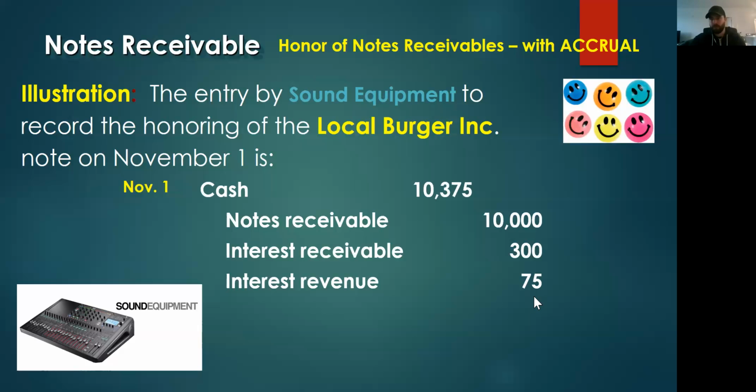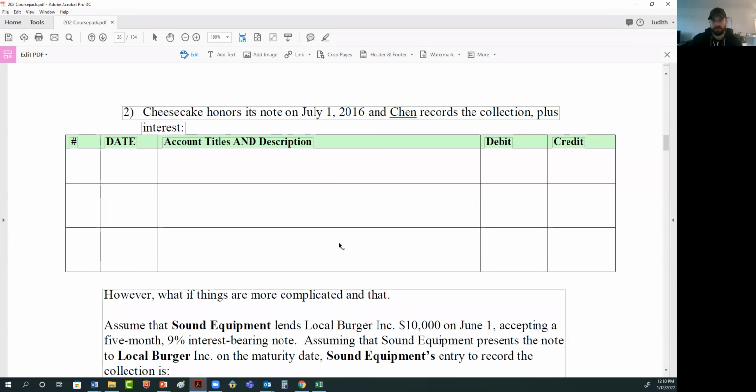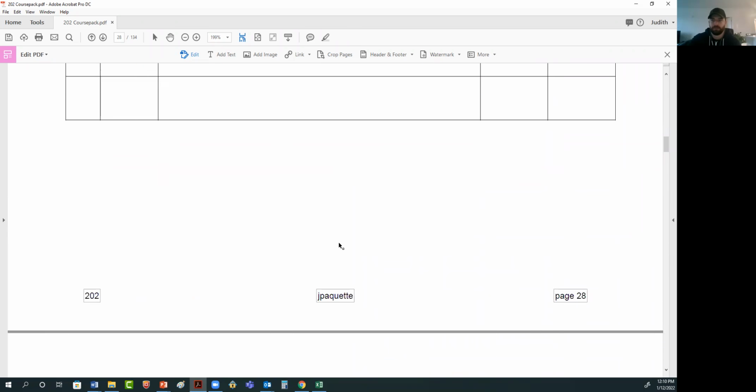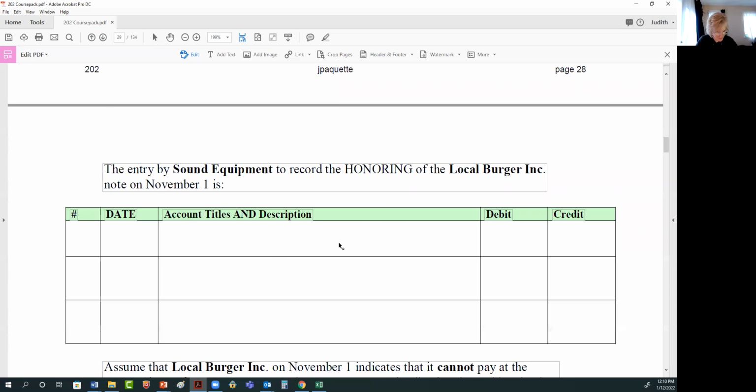Is there a specific place with journal entry boxes to write it down? Yeah, it's at the top of page 29. 29, okay. I only see 3 spaces for that first box area. Let's take a look. I'll bring it up. I can squeeze it in. Yeah, squeeze it in. Okay.